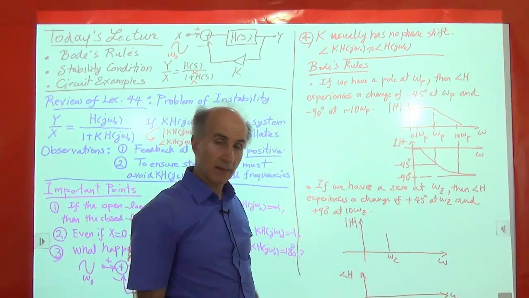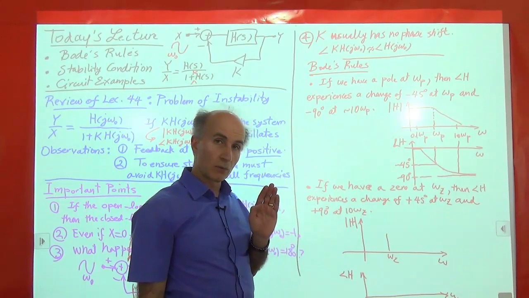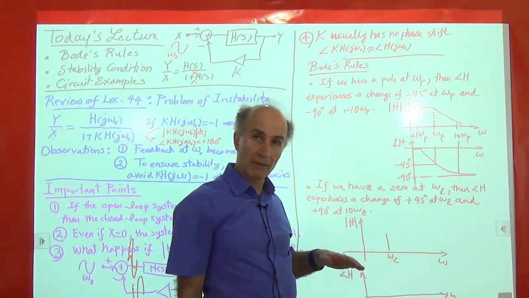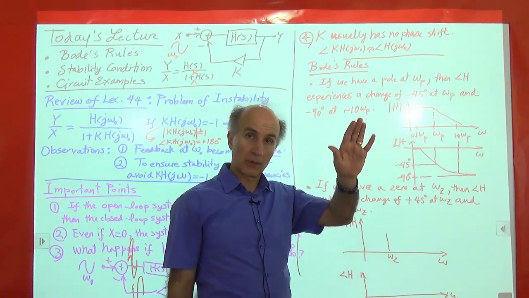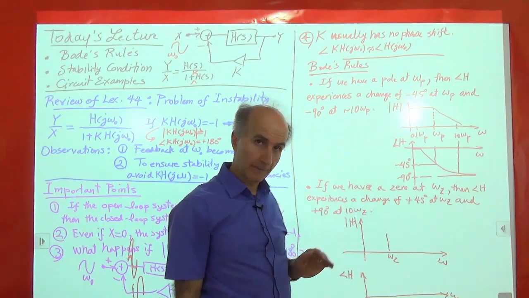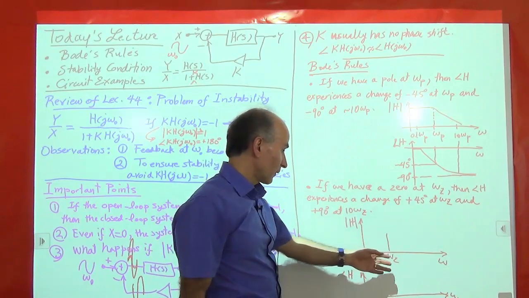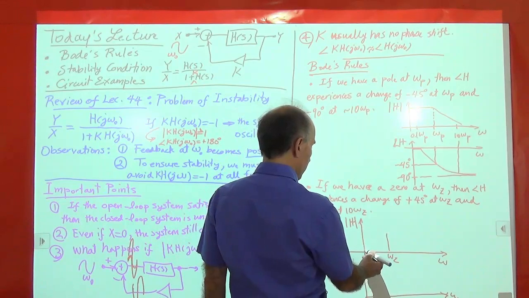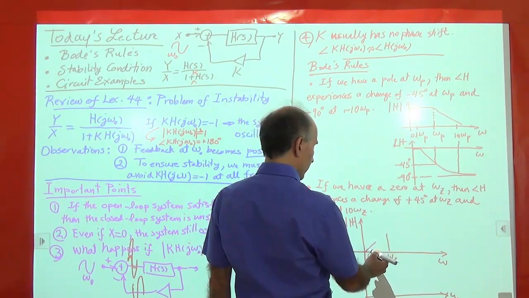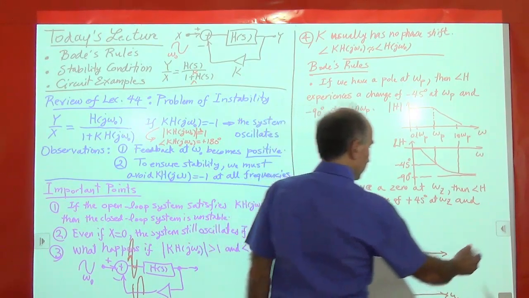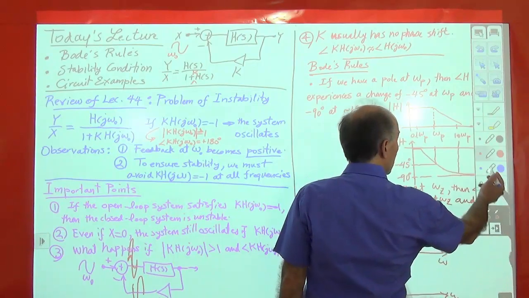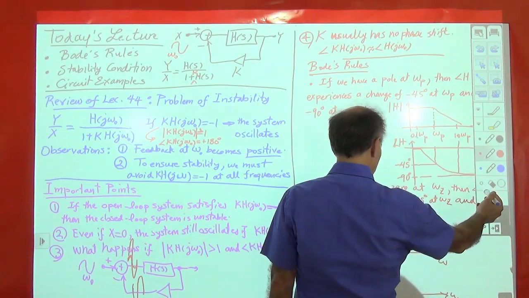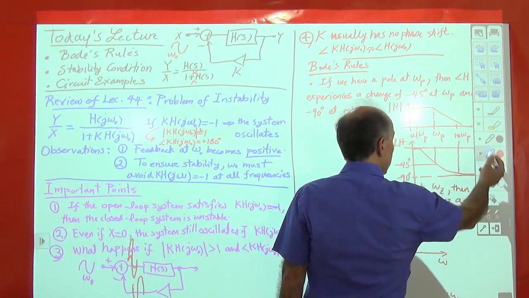Bode says when you reach a zero frequency, the magnitude will have a positive slope of 20 dB per decade. All right. So now if you have only a zero, what really happens is that we start something like this. No, sorry, not like that. Let me do it like that.